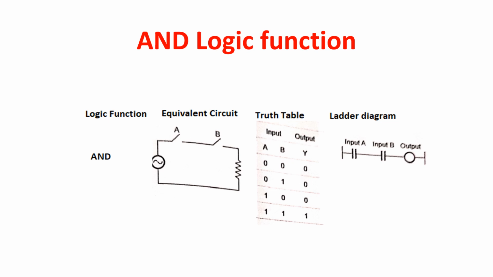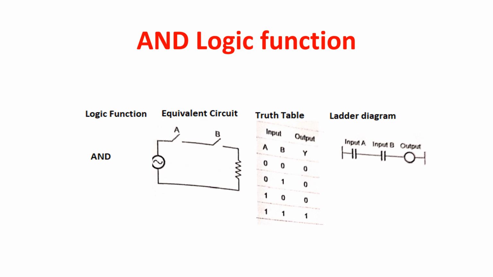When any one input is open, then also the output is 0. The output will be 1 when both the inputs are normally closed. This is indicated in this truth table as well as the ladder diagram.